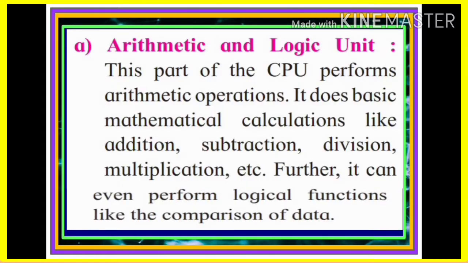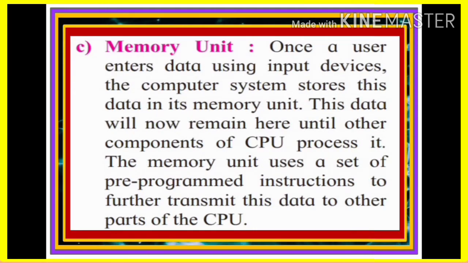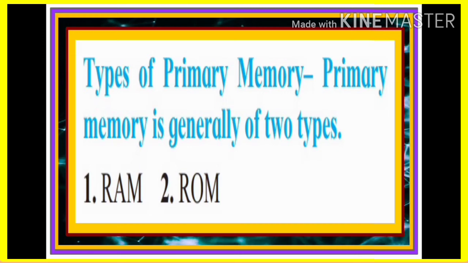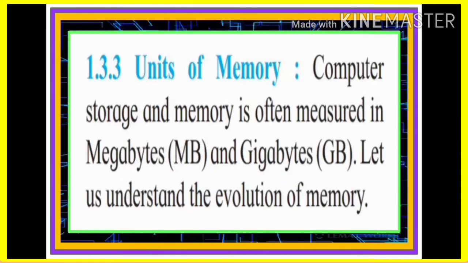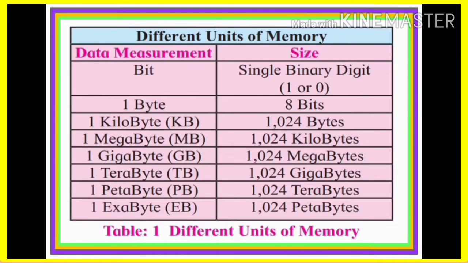Also we have discussed the arithmetic and logic unit, control unit, memory unit, types of memory, that is primary memory and secondary memory, types of primary memory, RAM and ROM, examples of secondary memory, and units of memory. The table shows different units of memory.